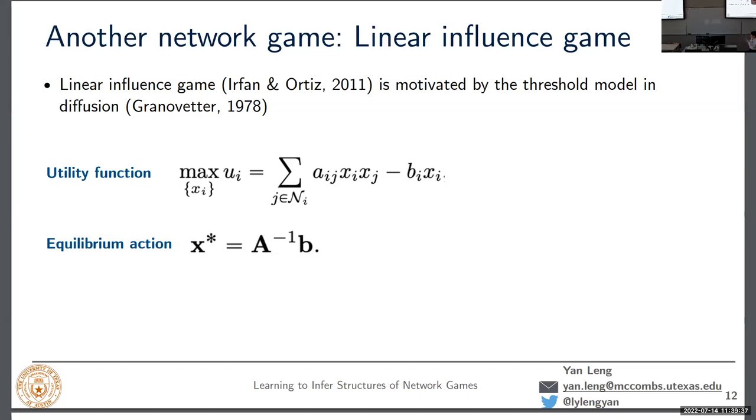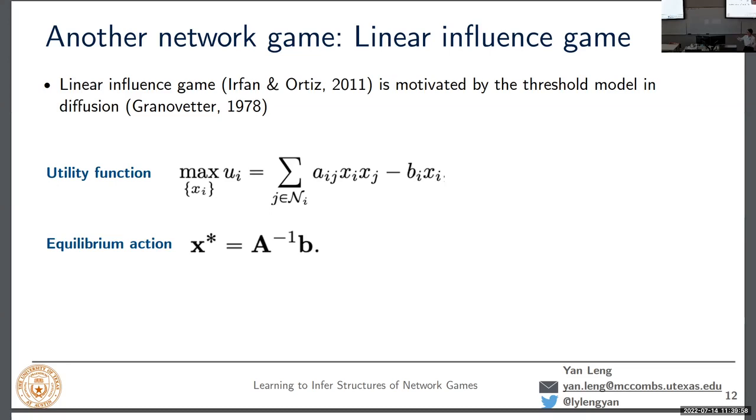And we did some tweak to the game to make it continuous. So you see that the utility function is a combination of the focal individual and the action of the neighbors, subtract a cost term, or we call it a tolerance term, related to the focal individual's action.